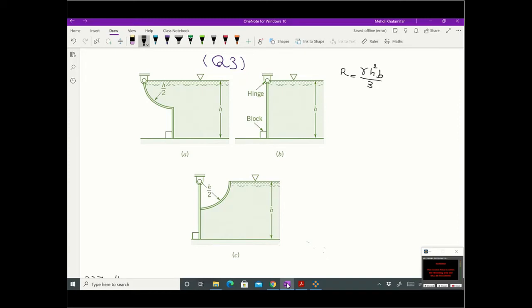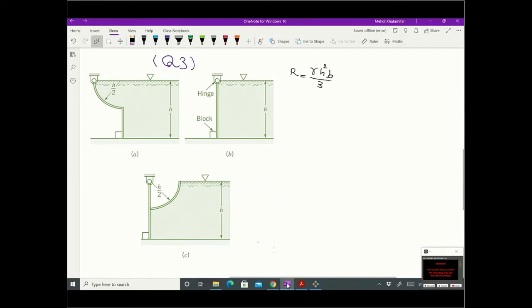Okay, I'm going to solve the first part, and then we can go for the second part. As we talked, we need to draw a free body diagram for this gate. This is my hinge.